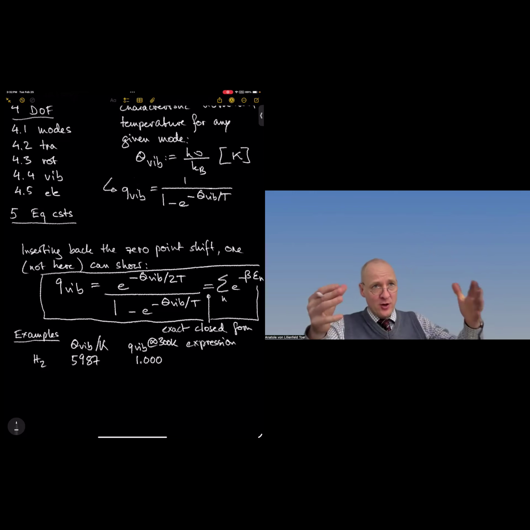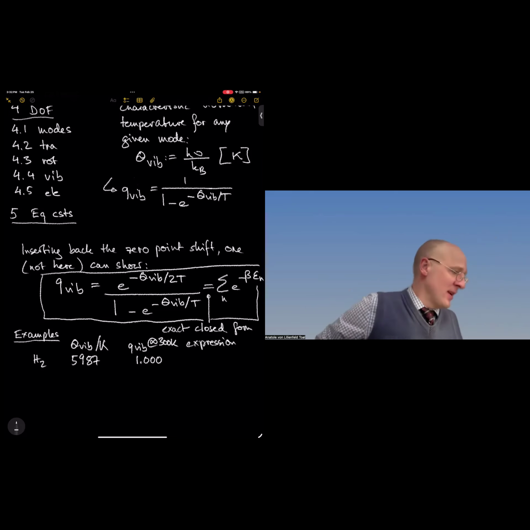So the total partition function is then this product. And so if your partition function is 1, it basically means your vibration is irrelevant. So in the thermodynamics of H2, at room temperature, vibrations are basically irrelevant, right? So that's what this means.